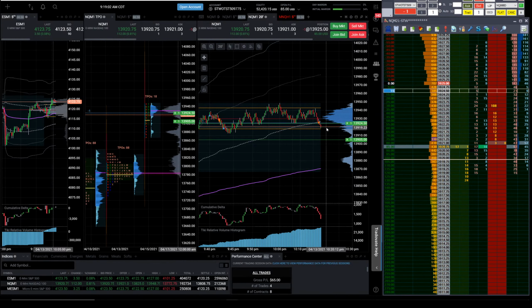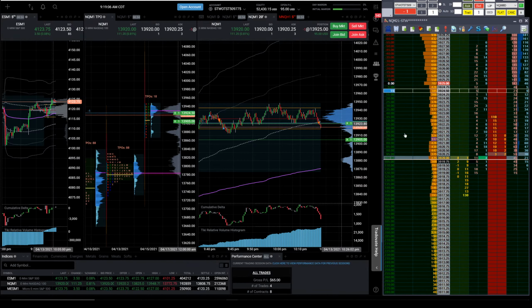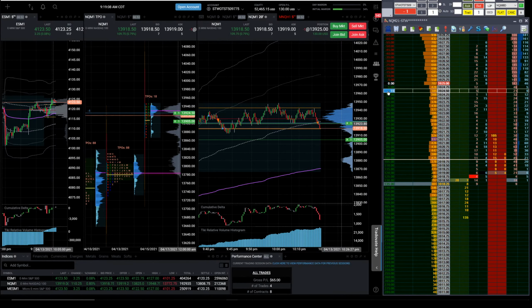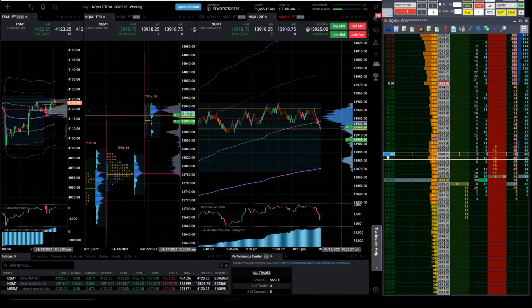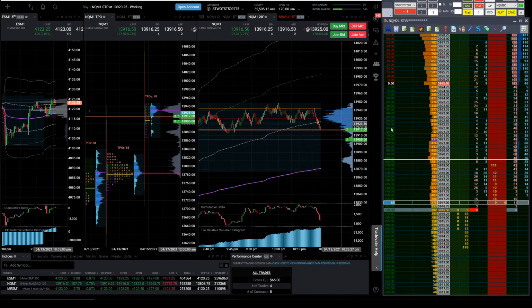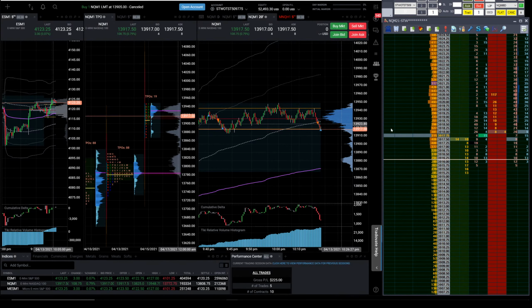That value area low is right at 18. So I'm guessing we're going to go down around that. Whether we can fall through that or not, I don't know. Let's see if we get down here to the $100. That'd be all right. There we go. All right.